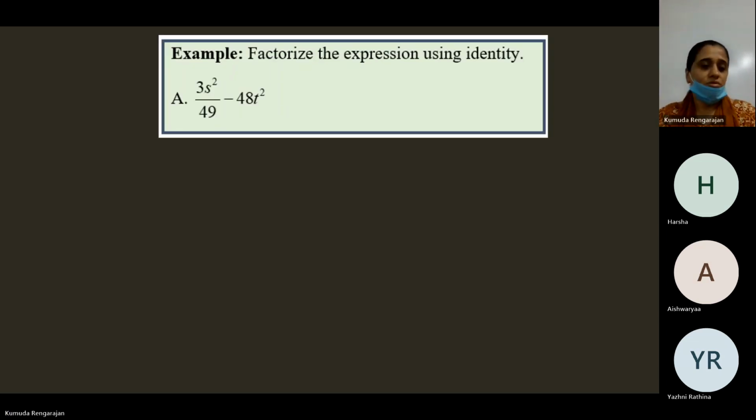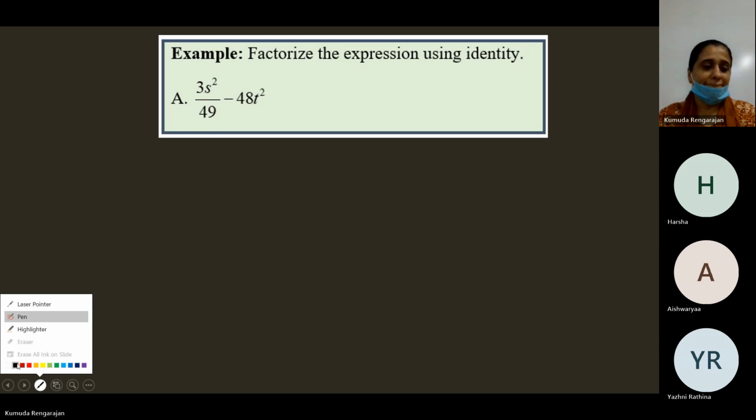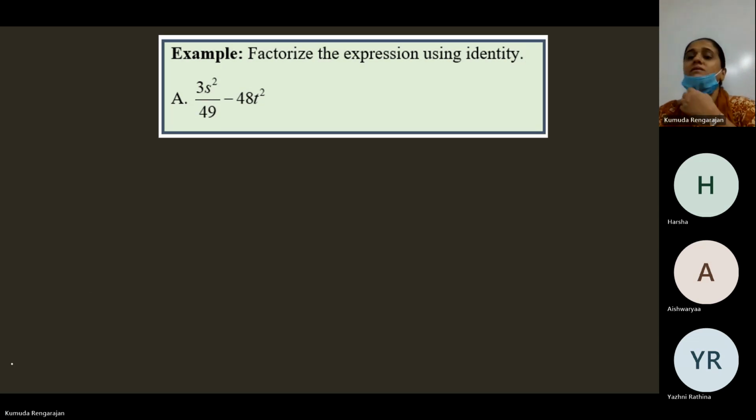Okay. This is the next one. Now see here. Is there anything common between the two terms? Whenever you have to factorize an expression, if the terms have something in common, take out the common factor. Now 3s square and 48t square.